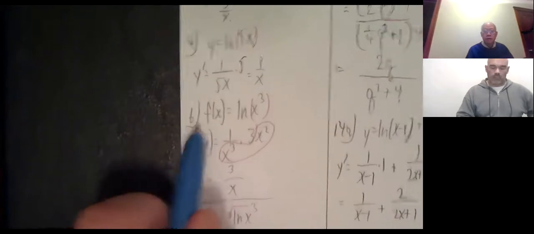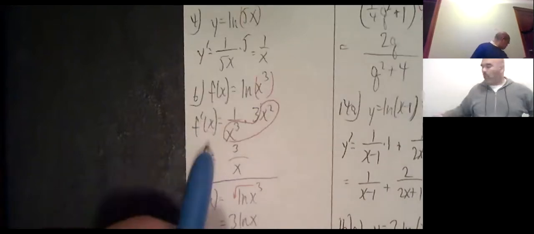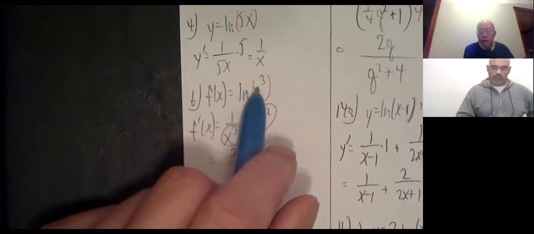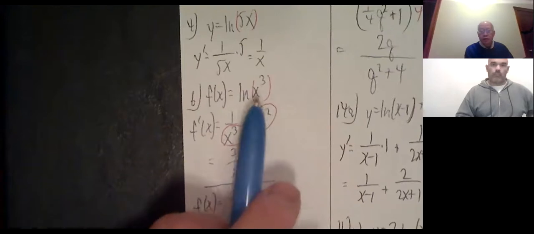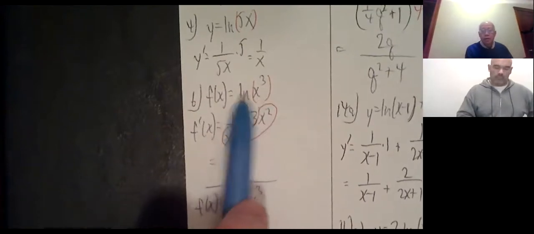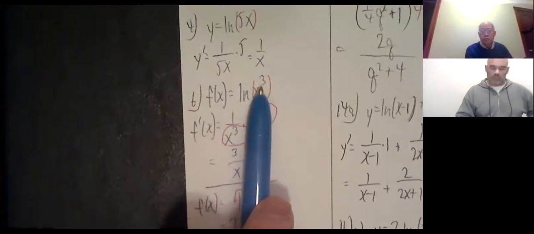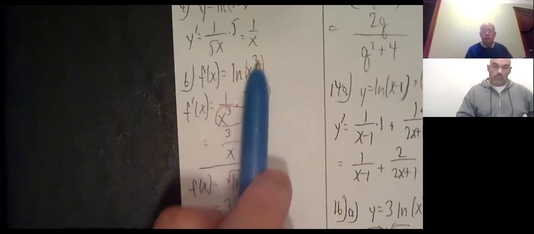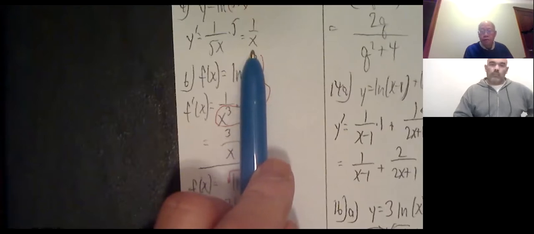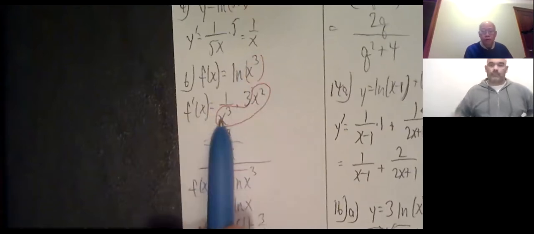Okay, number 6, ln of x cubed. I'm going to show it to you 2 ways, the hard way and the easy way. First let me do the hard way, just take it as it is. Natural log of x cubed. So the derivative, first you go 1 over whatever's behind my pen. So 1 over x cubed.